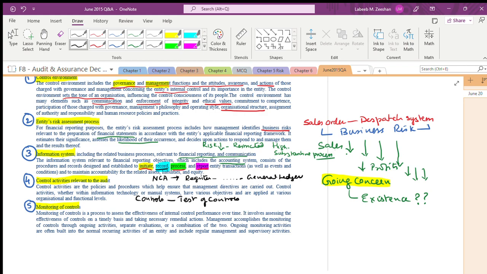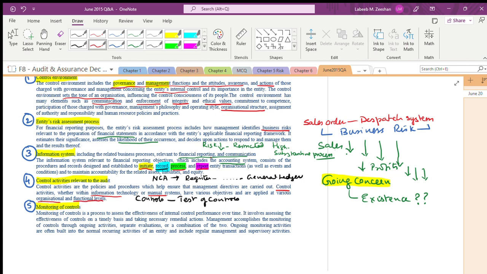Management appoints the internal auditor, and the internal auditor takes up the activities of internal controls. Control activities, whether within information technology or manual systems, have various objectives applied either at the organization level or at a functional level.